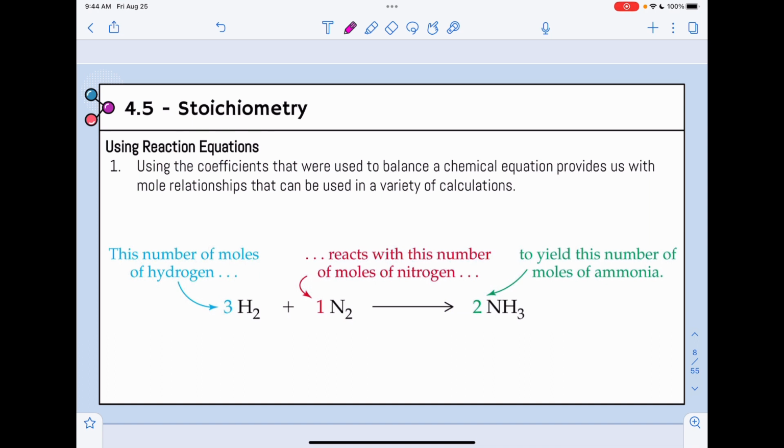Okay, so when we have balanced chemical reaction equations, we have coefficients that tell us the ratio of the compounds and how they react. So we balance reaction equations so that we have the law of conservation of mass.